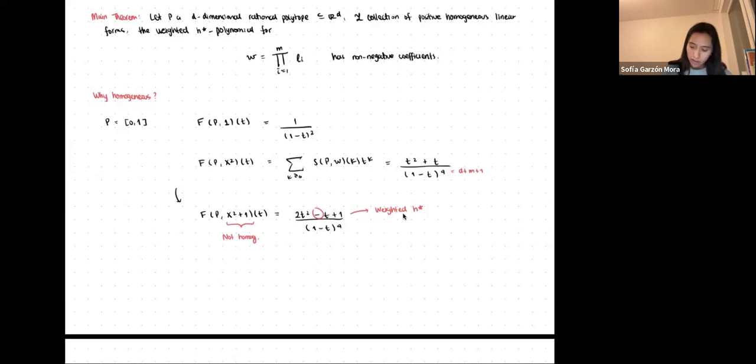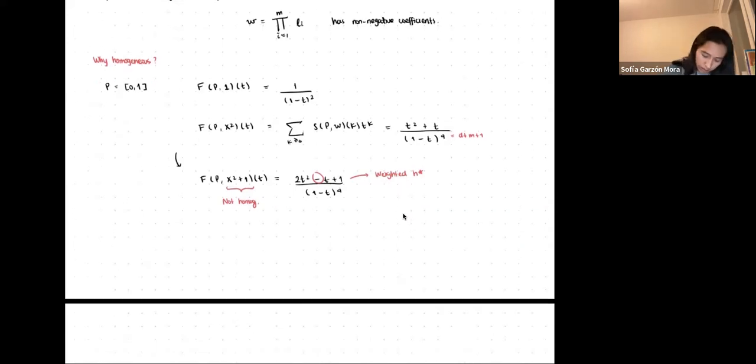But the proof of the main theorem, I'm not gonna do it because I have like 5 minutes left, right? So let's call this a proof of the main theorem. It is basically following Stanley's proof for the Ehrhart theory case.